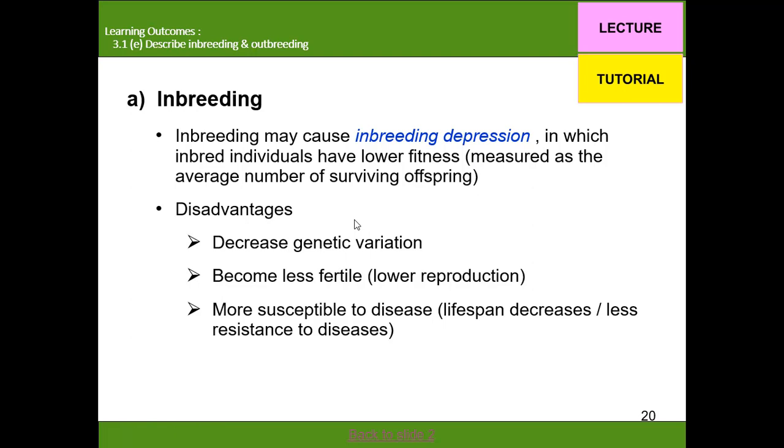So the disadvantages of inbreeding: it will decrease genetic variation, the phenotype becomes less fertile, lower reproduction, and more susceptible to disease.